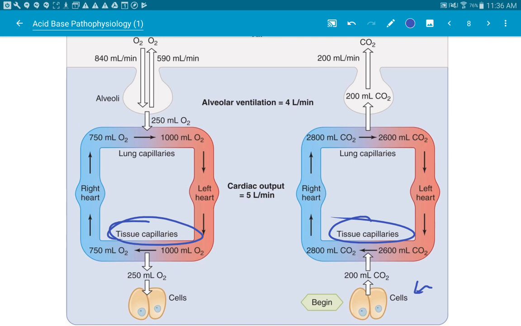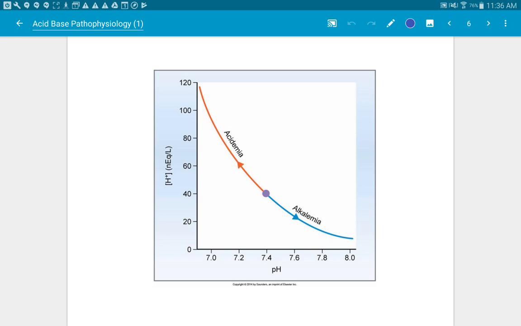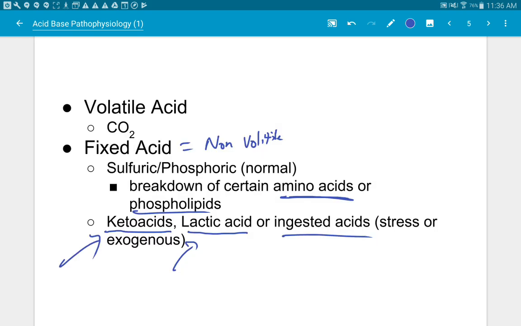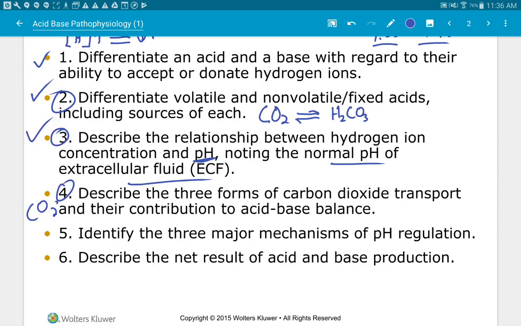Good questions. Let me go back to our plan, and be very disciplined here instead of just wandering off into the weeds. So we've done our three forms of carbon dioxide transport and their contribution to acid-base balance.